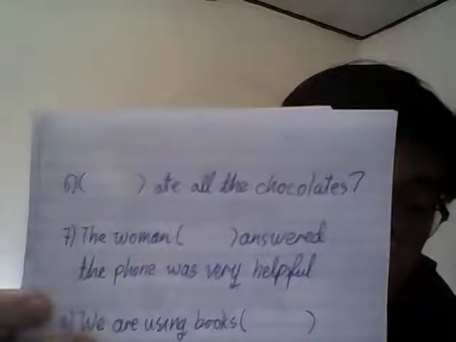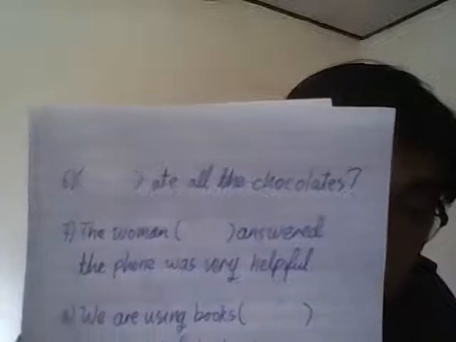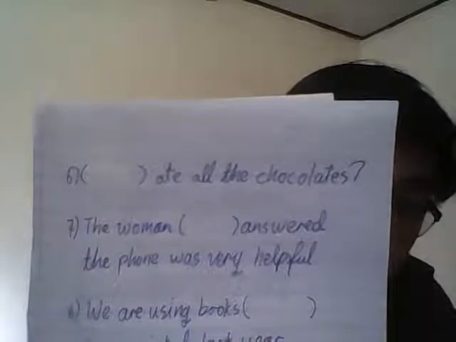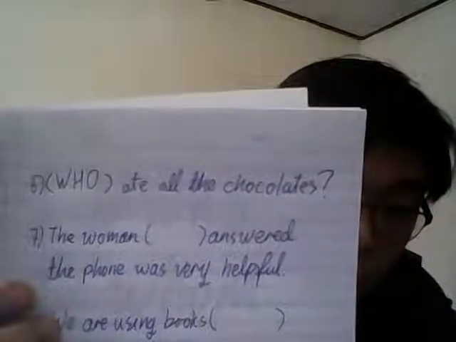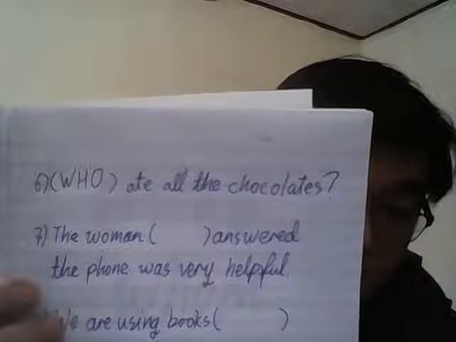Now, let's look at question number 6. Ate all the chocolates. We are looking for a person who ate all the chocolates. That person did something. So, he is a subject. Same here. The answer will be who. The answer is again who, as you can see over here.